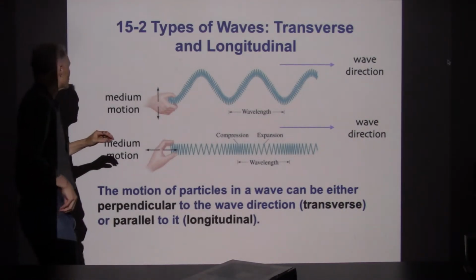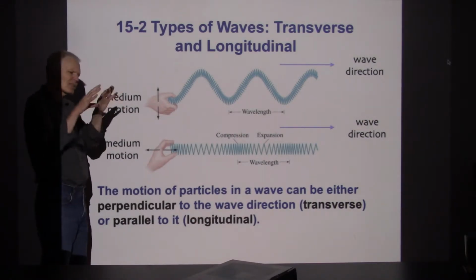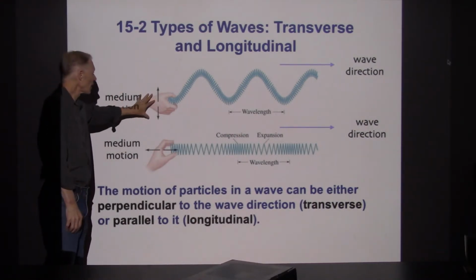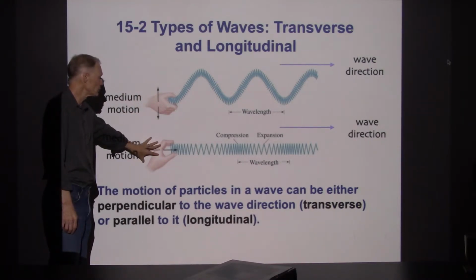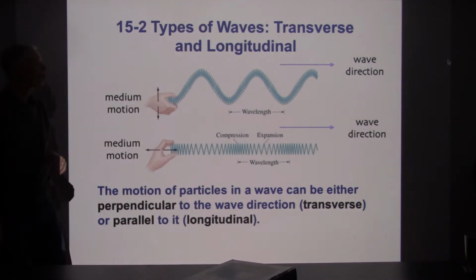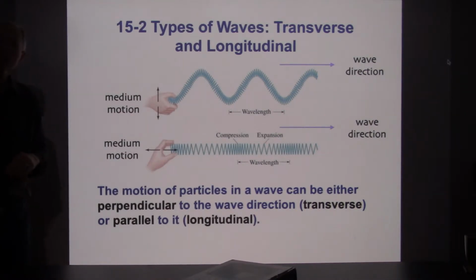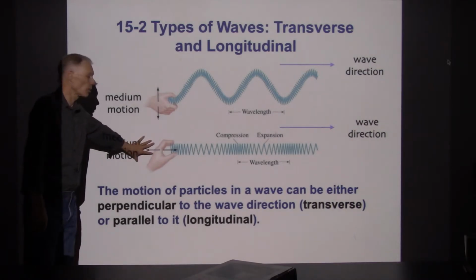Now, we should say this too. If it's a solid material, solid materials will sustain a transverse or a longitudinal disturbance, a transverse or longitudinal wave. Liquids and gases only support the longitudinal ones.